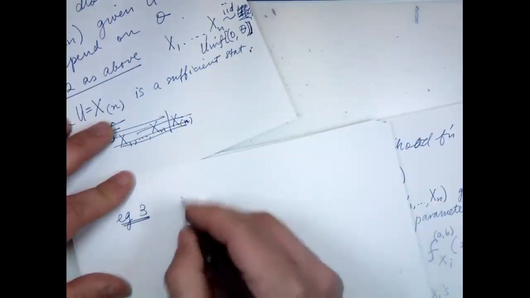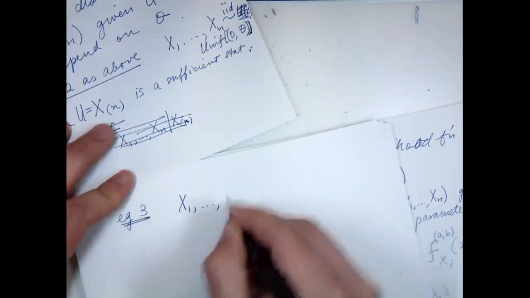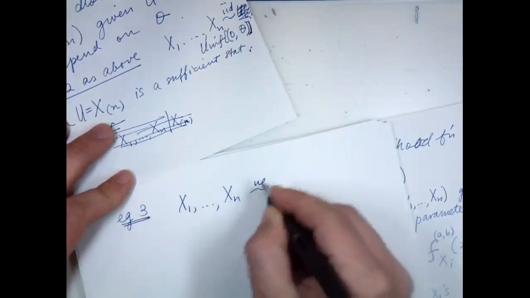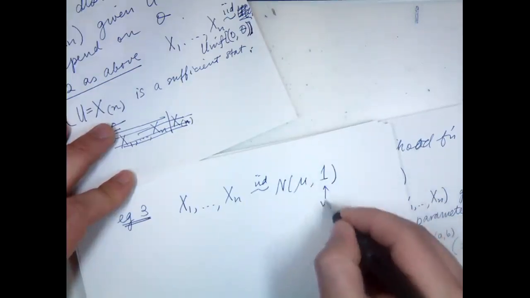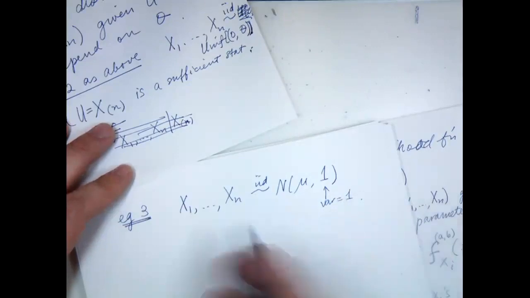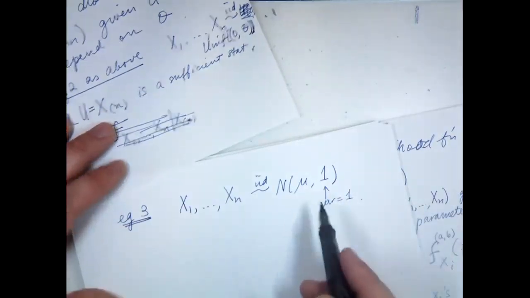The x1 up to xn are going to be IID normal mu, 1. Now, I'm just doing this with constant variance equal to 1, and that'll make it easier because now I'm only talking about one unknown parameter, since the variance is known to be 1.